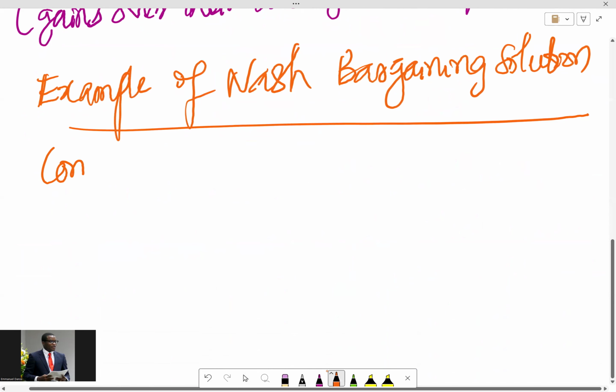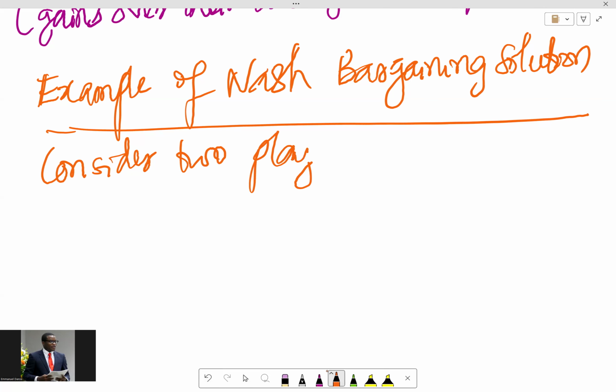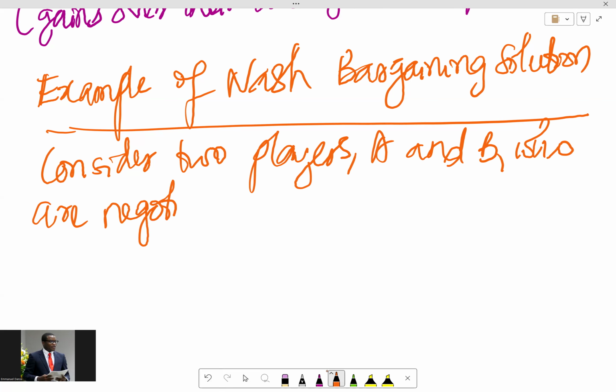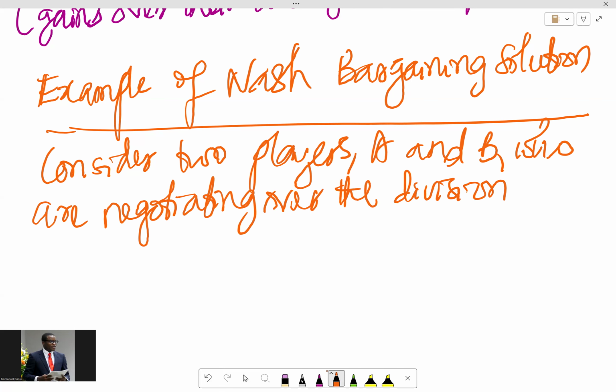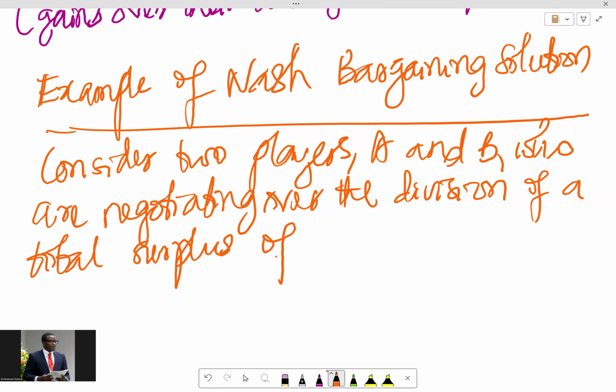Consider two players, A and B, who are negotiating over the division of a total surplus of 10.